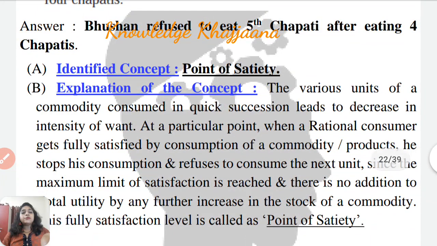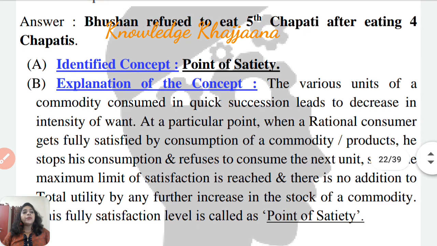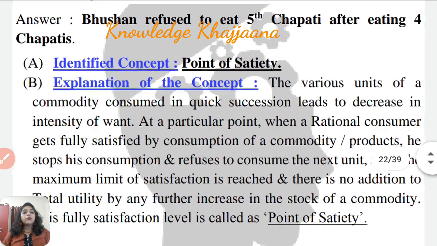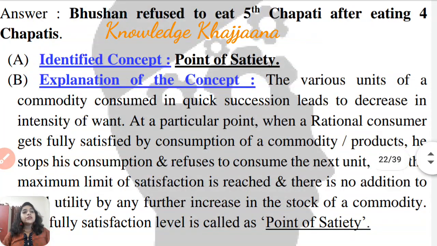Then, as per point number B, you have to give its explanation. What is the explanation of the concept? The various units of a commodity consumed in quick succession lead to a decrease in the intensity of want. At a particular point, when a rational consumer gets fully satisfied by consumption of a commodity, he stops his consumption and refuses to consume the next unit.